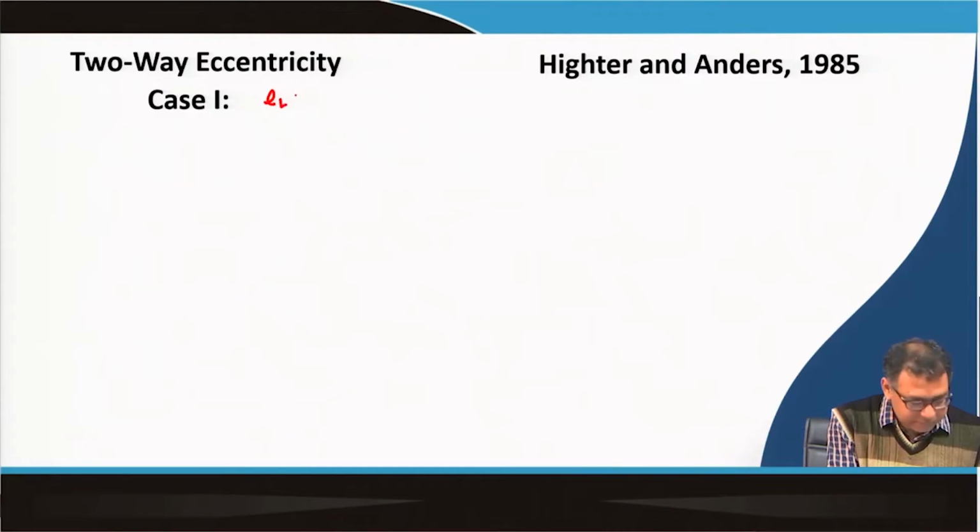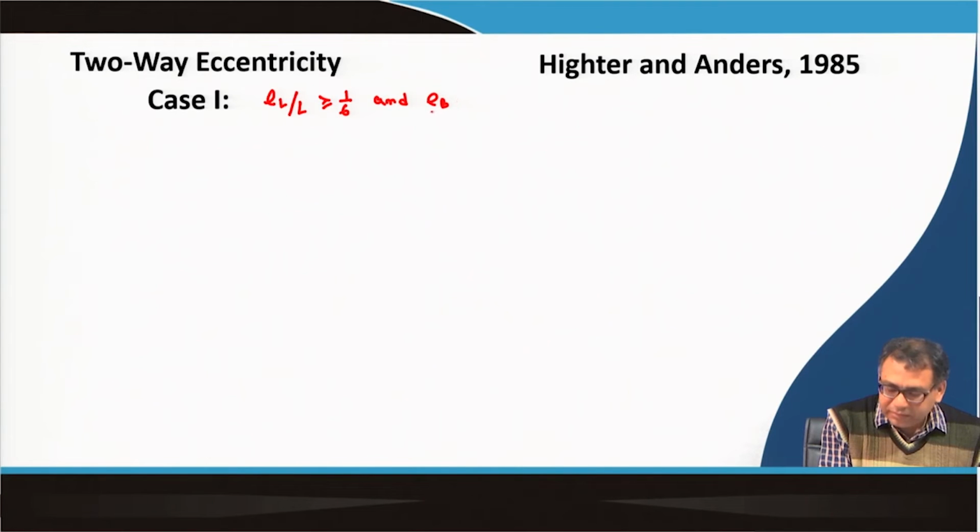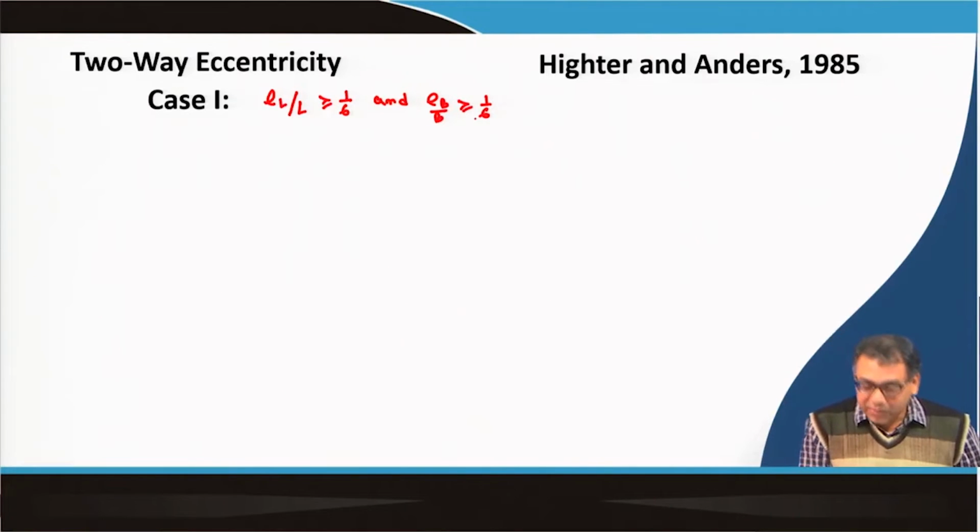So, those four cases, the first case is that if E L by L is greater than or equal to 1 by 6 and E b by b is also greater than or equal to 1 by 6. Okay. Why is 1 by 6 given?